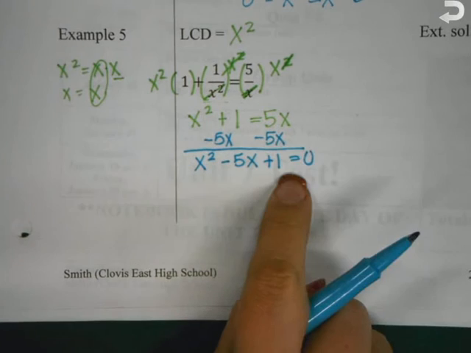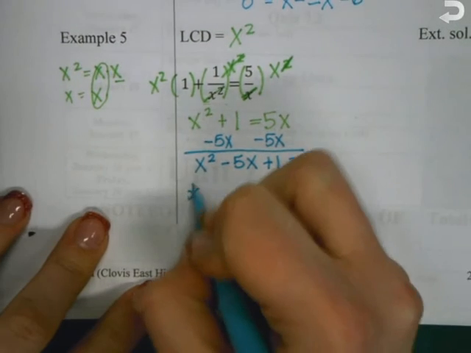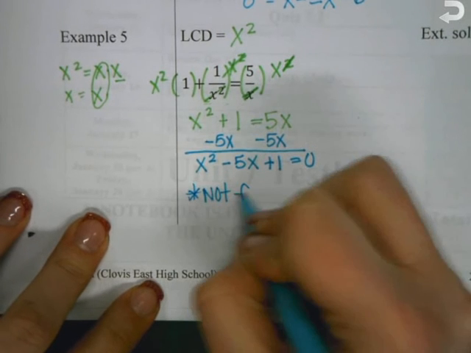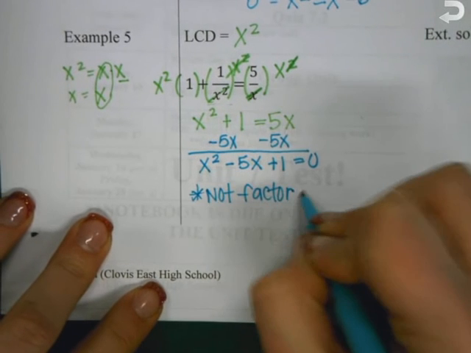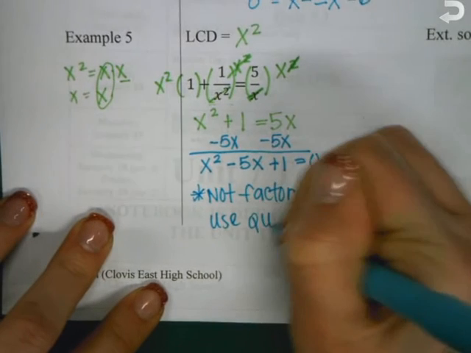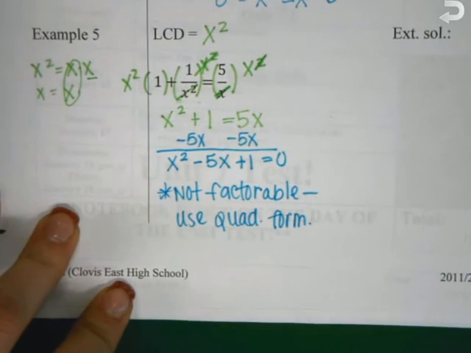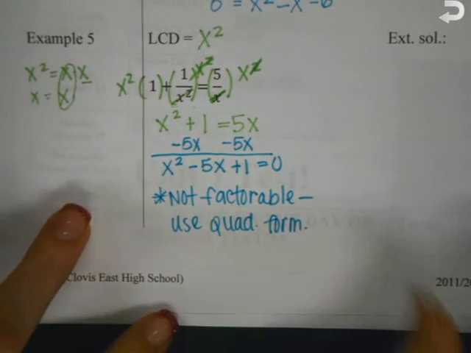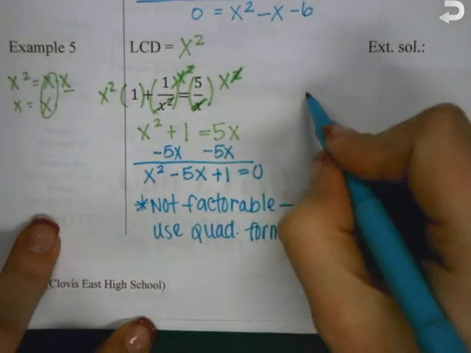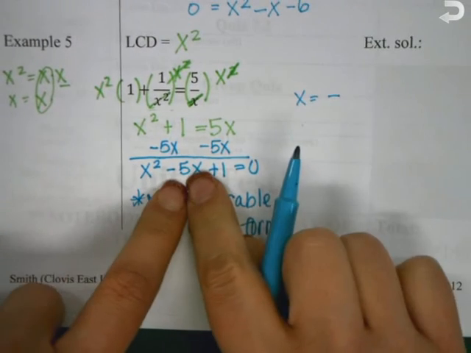X equals negative b. B in this case is negative 5, so it's going to be negative negative 5 plus or minus square root b squared, so negative 5 squared minus 4a, a is 1, c is 1, all divided by 2 times 1.